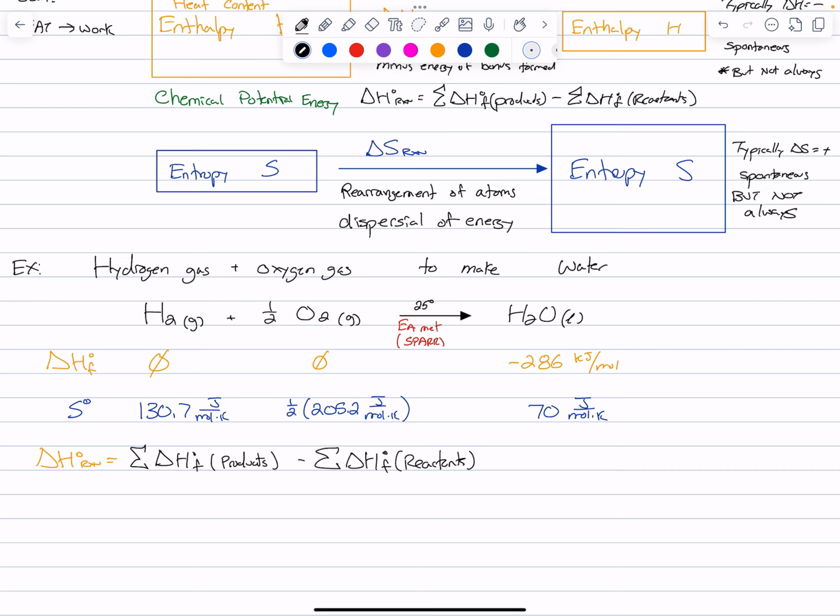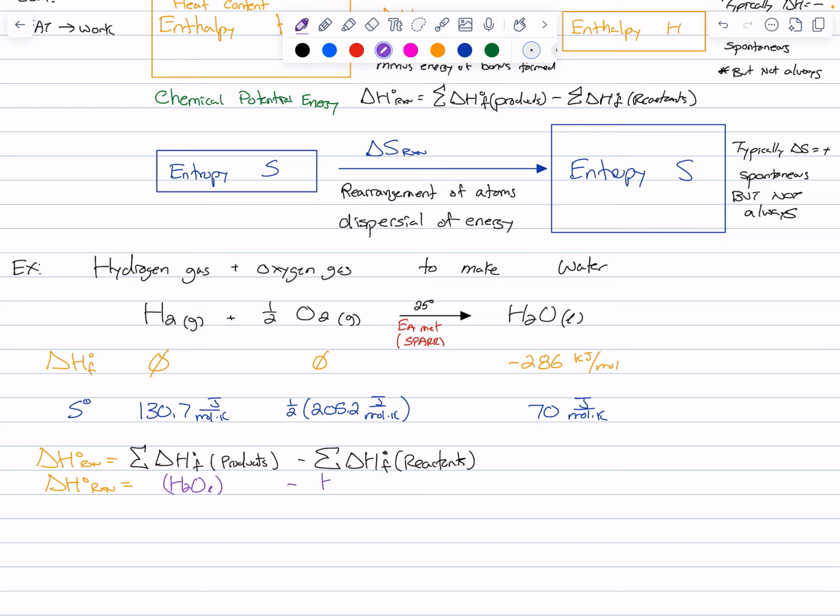Products minus reactants. The product is H2O liquid, just one of them.